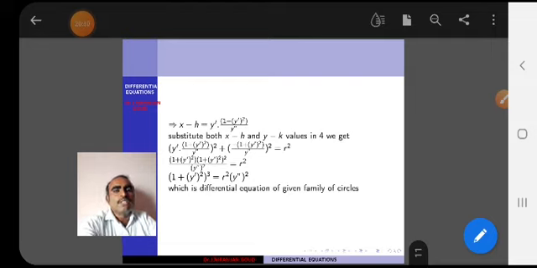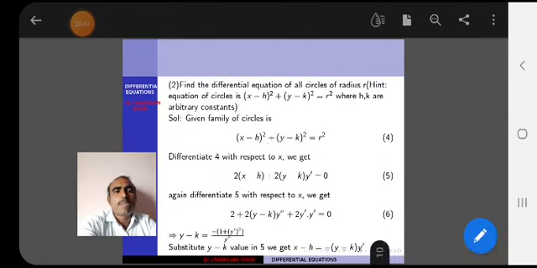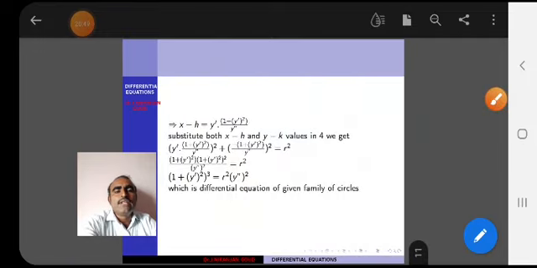Substitute x minus h and y minus k values in the given equation. In this equation, what do we get? X minus h value is minus y dash into 1 plus y dash square by y double dash. So write y dash into 1 plus y dash whole square by y double dash whole square plus minus of 1 plus y dash square by y double dash whole square is equal to r square.